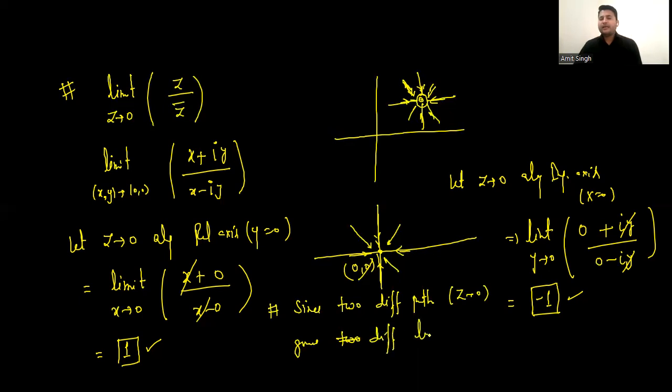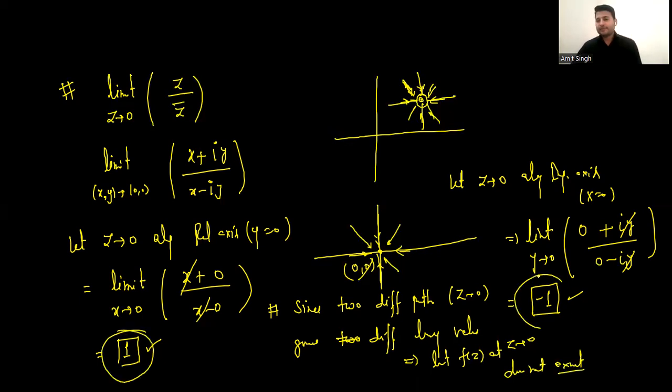Different limiting values implies the limit of f(z) as z tending to 0 does not exist. Why does it not exist? Because it is not unique. This is how we have solved this first example.